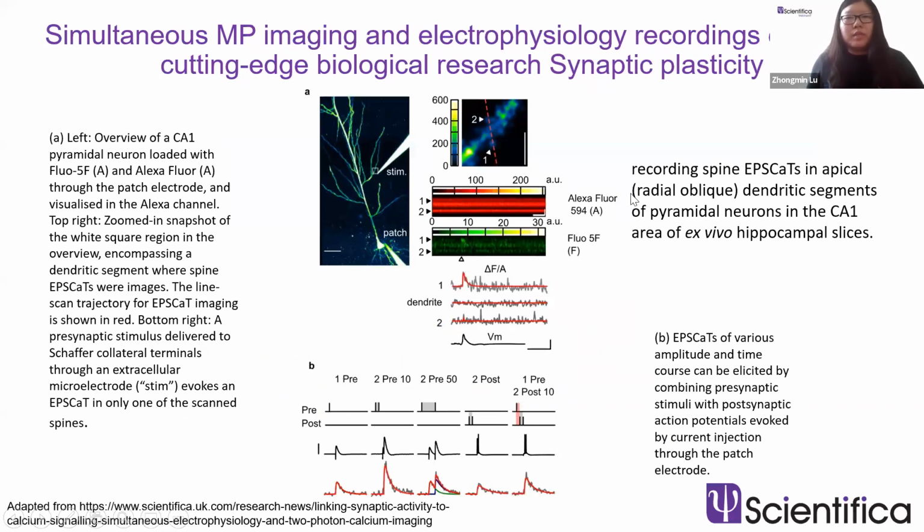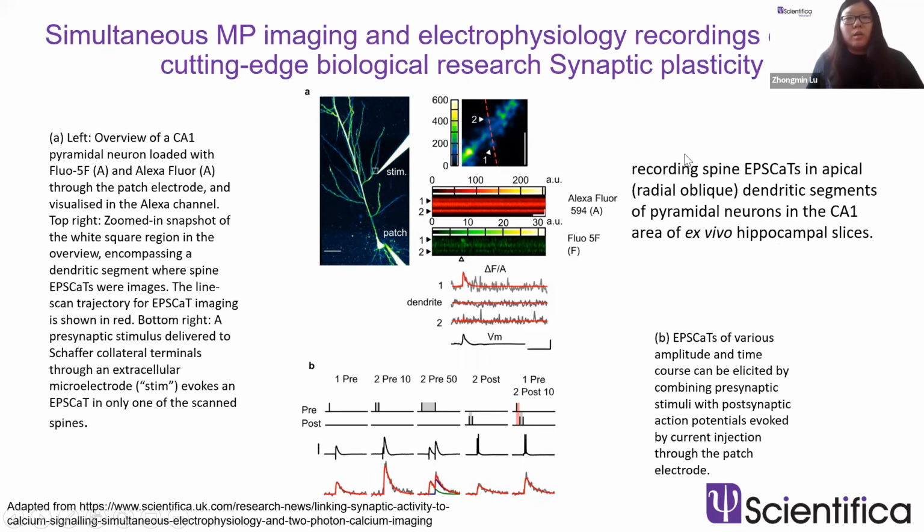So these researchers record spine EPSC calcium transients in the apical dendrites, in the dendritic segment of these pyramidal neurons. And they also do pre-synaptic and post-synaptic electrical stimulation and post-synaptic whole cell recordings of action potentials to study Hebbian plasticity in detail.